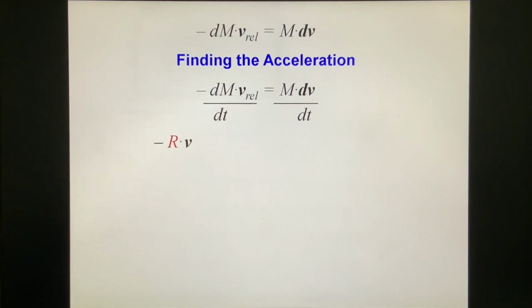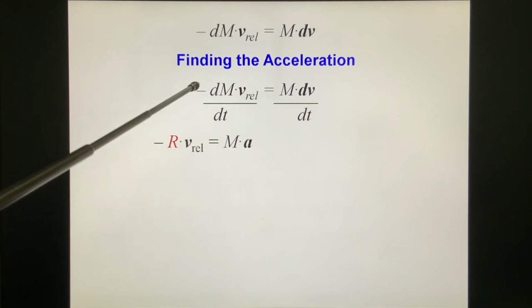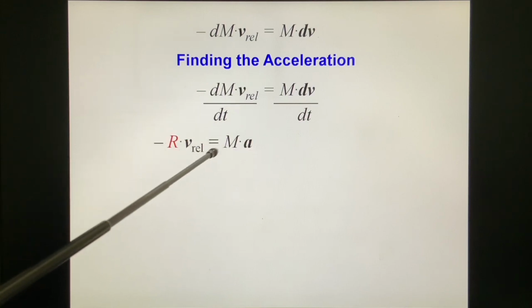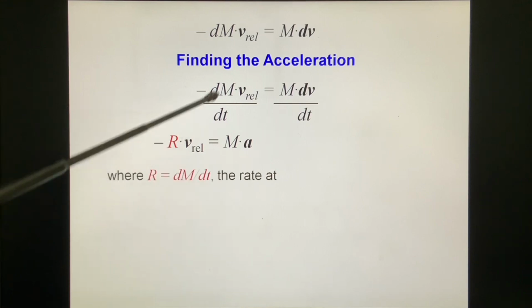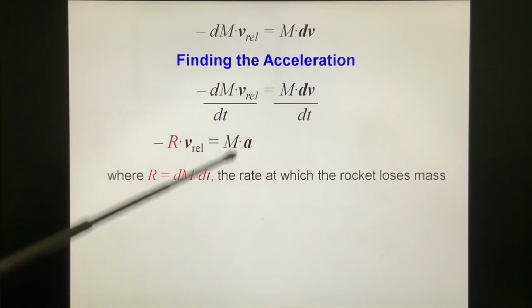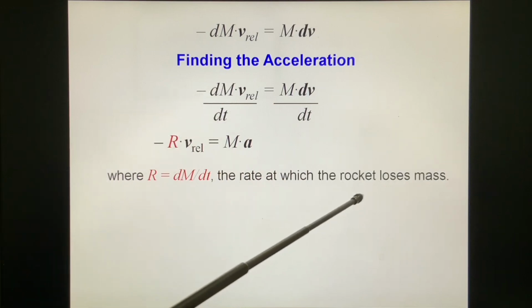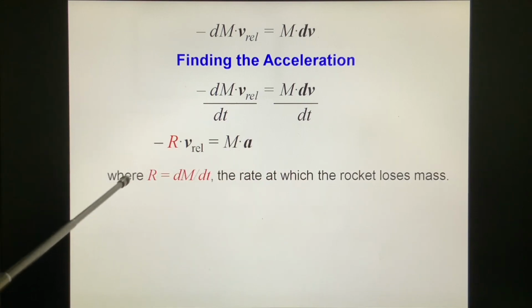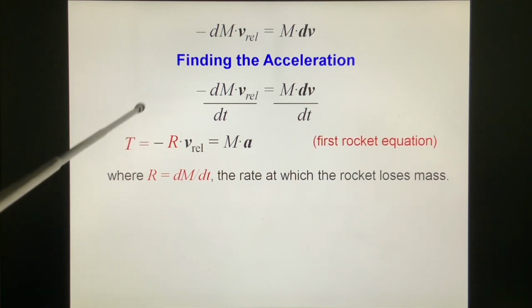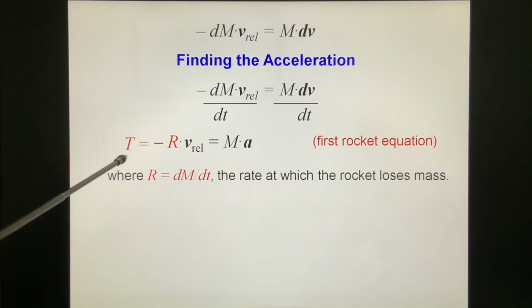We call it R. So this, minus R times the relative speed, equals ma. We know ma equals the force. Here R is dm/dt, the rate at which the rocket loses mass. So this equation, ma, is the force. We call it thrust force, T. When you eject these products, you get thrust force.